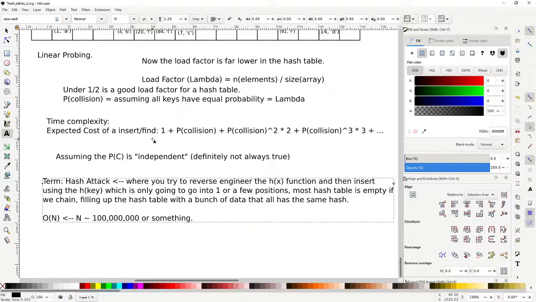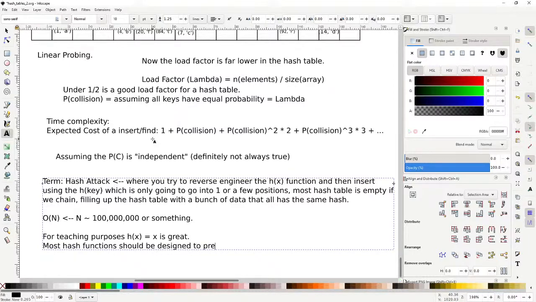And so the thing that most people do, I mean for teaching purposes, h of x equals x is great. But most hash functions are, or should be, designed to prevent simple hash attacks.